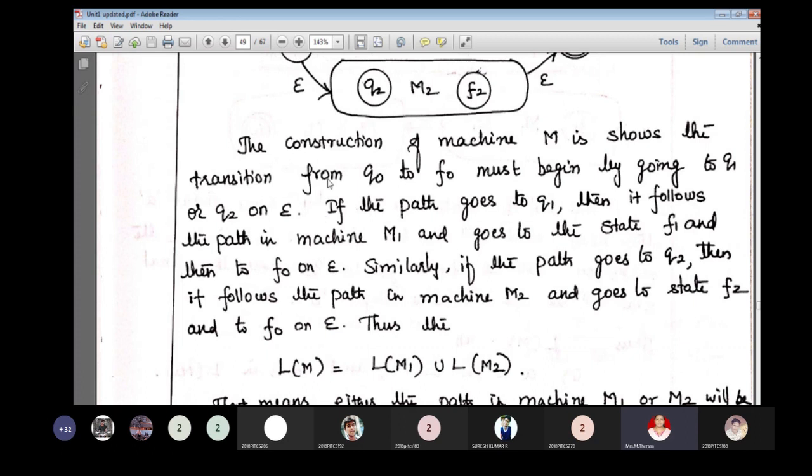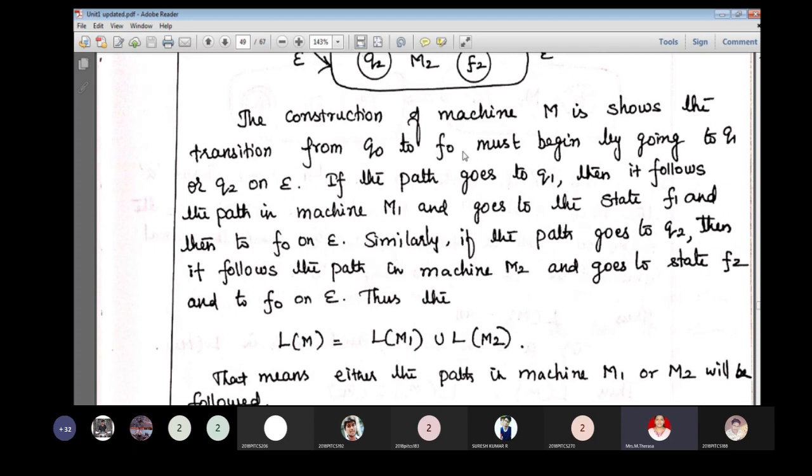The transition from Q0 to F0 must begin by going to Q1 or Q2 on epsilon. If the path goes to Q1, then it follows the path in machine M1 and goes to the state F1, and then goes to F0 on epsilon.